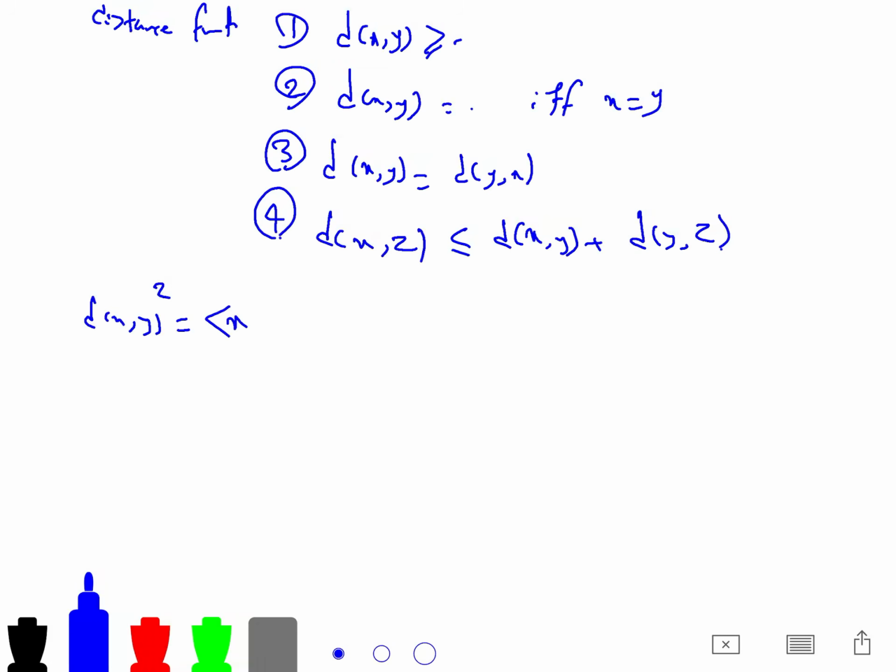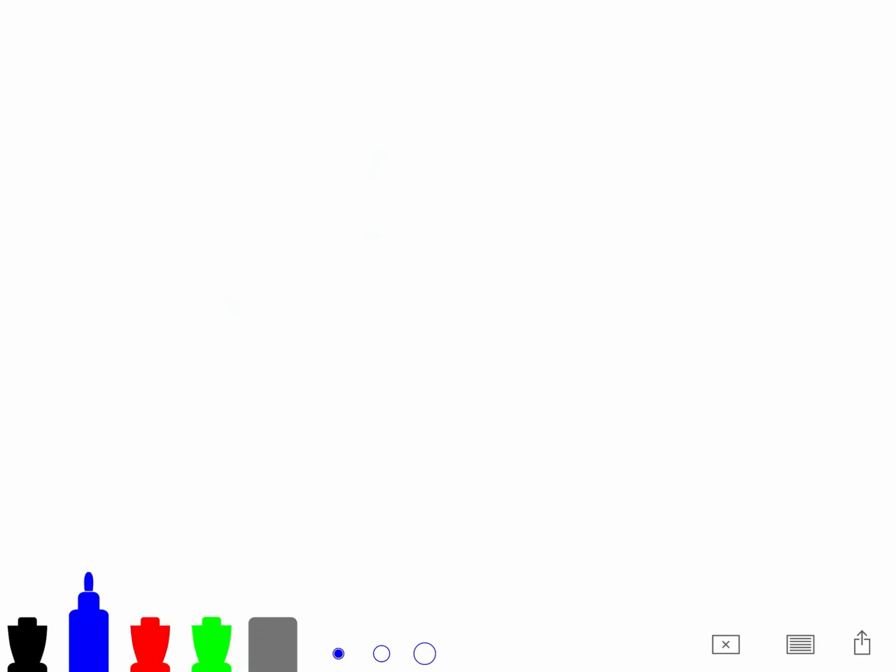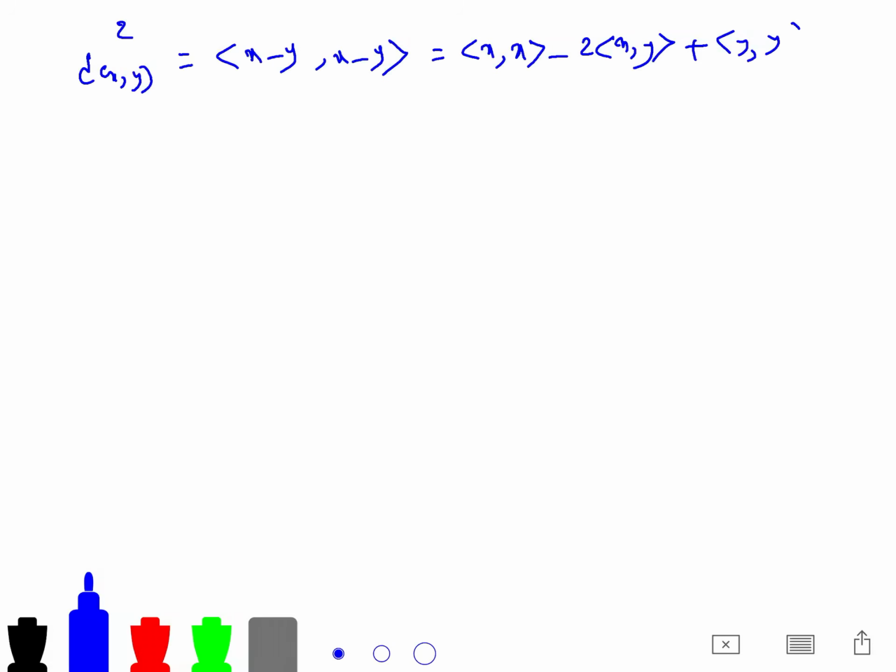So we can write dxy squared as multiplication of x minus y and x minus y, which is equal to x times x minus 2 x times y plus y times y.